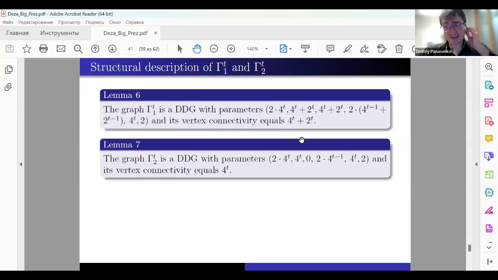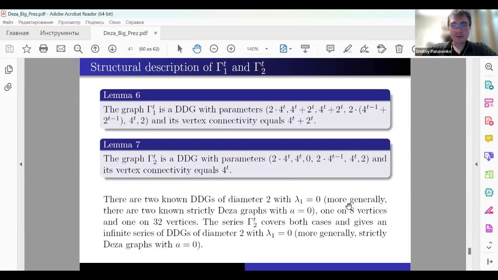A more interesting graph is Gamma_t^2, a divisible design graph with lambda 1 equal to 0. Its vertex connectivity also equals 4 to the power t, but that's not that interesting. The more interesting fact is that we have 0 here, and the diameter of this graph actually equals 2.